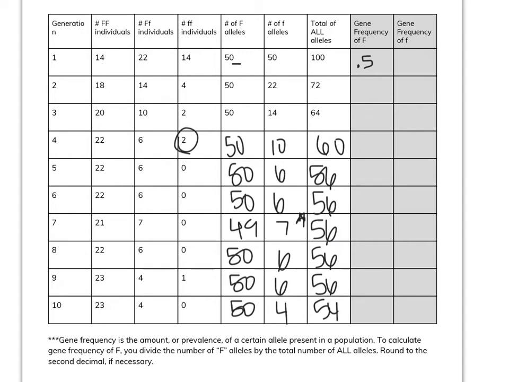You might think, oh, well, because the number of big F alleles didn't change, the gene frequency isn't going to change. But if we think about it, we have to divide by the total number of all alleles, which is decreasing. So for generation 2, we do 50 divided by 72.